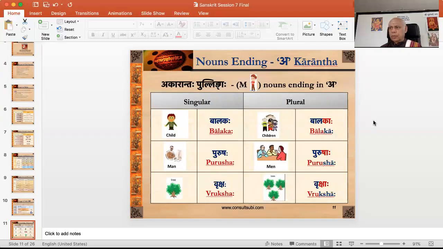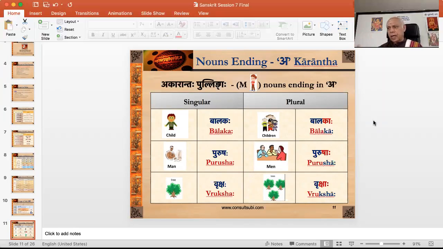How about nouns? How do you say plural? If you say balakaha, the plural is balakaha, like putraha, putraha. Purushaha, purushaha. When you say aha, you just extend that, it becomes plural.